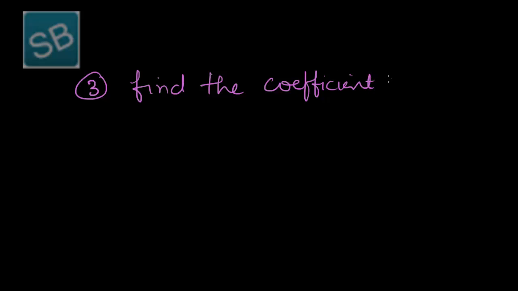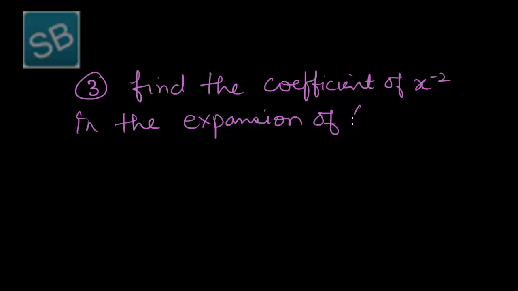Now the third problem is to find the coefficient of x raised to minus 2 in the expansion of (x minus 1 by x square) raised to power 16, where x is not equal to 0.